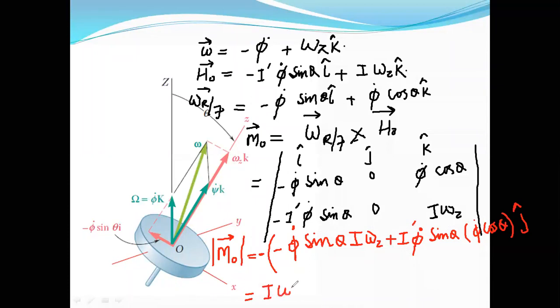So the summation of all the moments will come out to be equal to I omega z minus I prime phi dot cos theta, and we'll take something common, that is phi dot sine theta j cap.